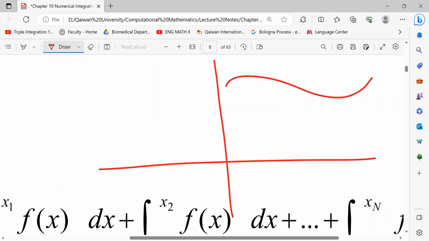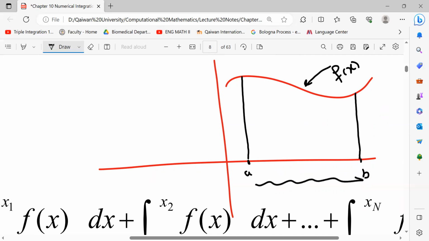If we have this curve, if this is A and this is B, and you want to evaluate the integration of this function f of x from A to B approximately by using the trapezoidal rule, what we do, we need to make it into n subintervals from A to B. Let's say this is x0, this is xn, that's x0 and B is xn.